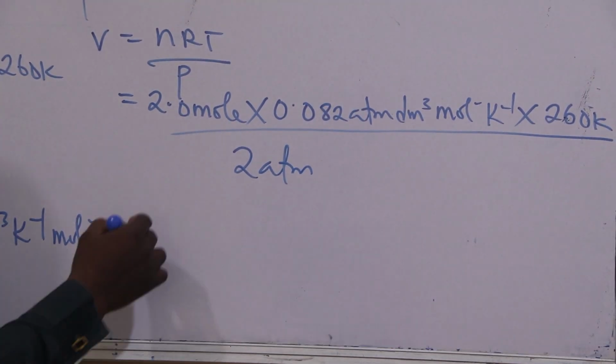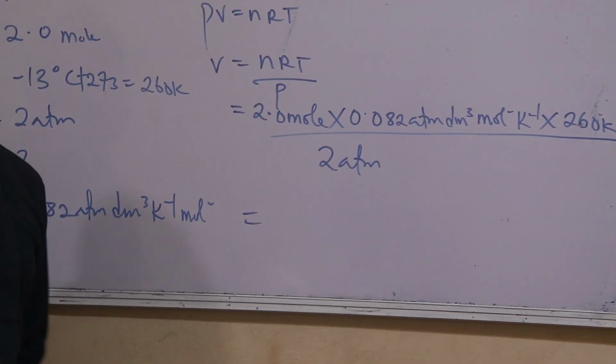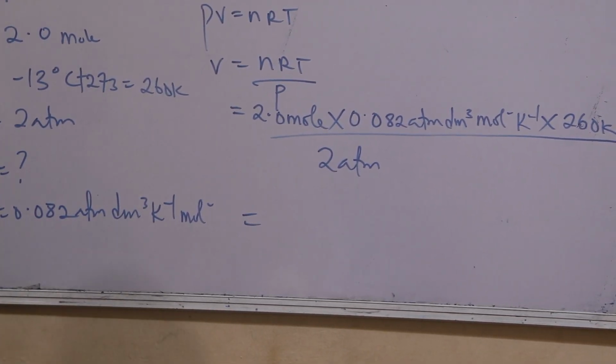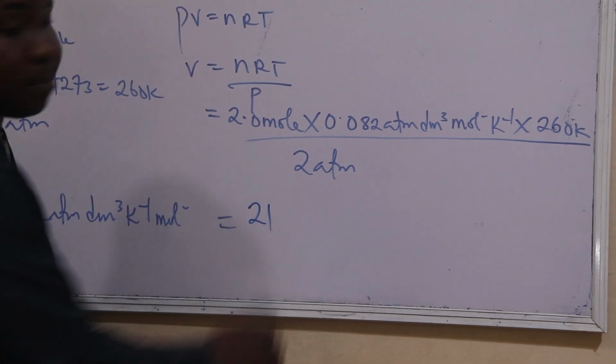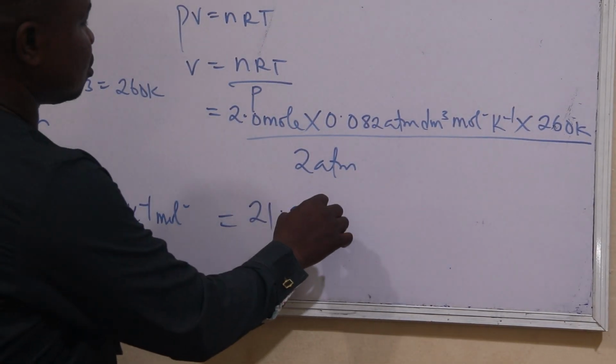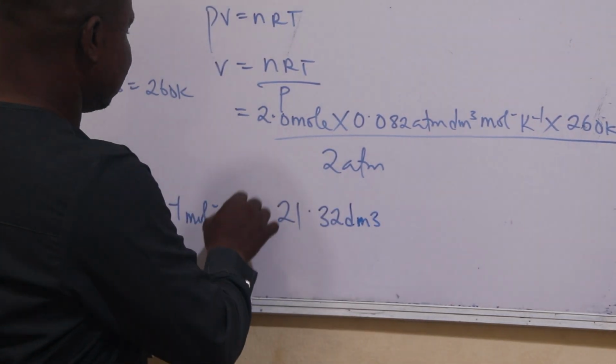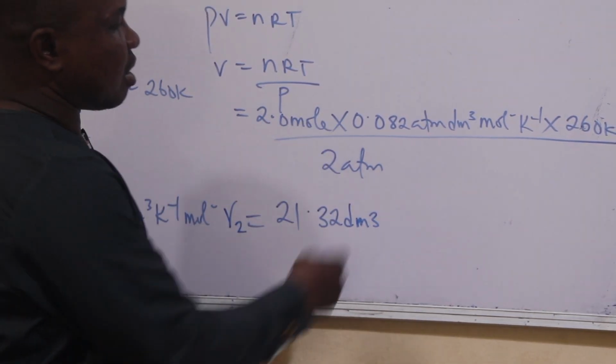Now pick your calculator and let's calculate that value together. You're going to have 21.32 dm³. How did you get that? Pick your calculator and calculate that.